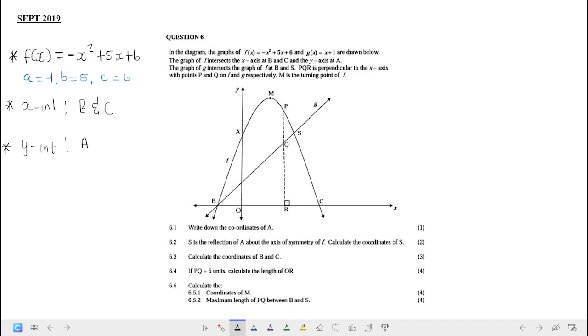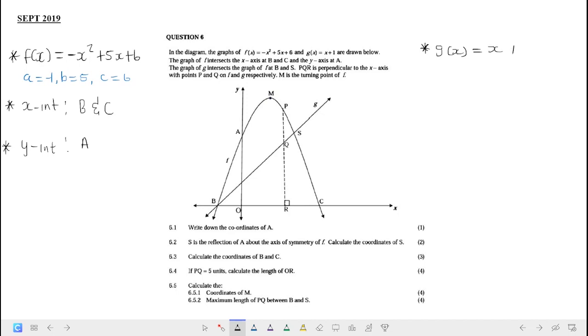All right. Another thing that we're told is that the graph of g intersects the graph of f at B and S. So this one we can take over to g of x. Let's go ahead and write about g of x. We're told that g of x is x plus 1.